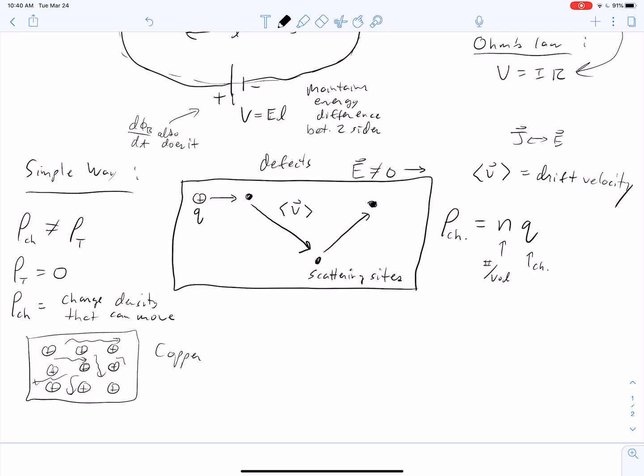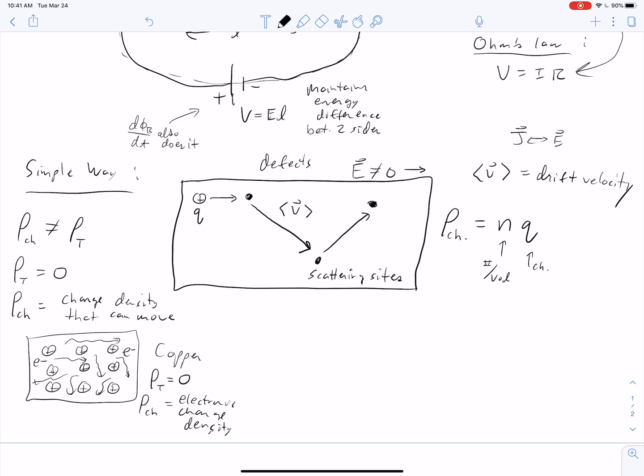So I could have a neutral copper where the total charge density is zero, but the charge density that can move is the electronic charge density. I just want you to understand that difference. It might seem trivial, but it's actually subtle and important.